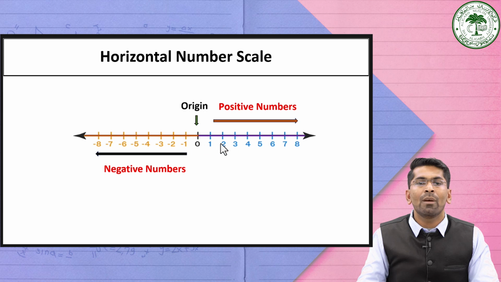The origin is located in the middle of the line, and positive values extend to one side while negative values extend to the other side. This line is commonly used to express the x-axis in the Cartesian coordinate system.